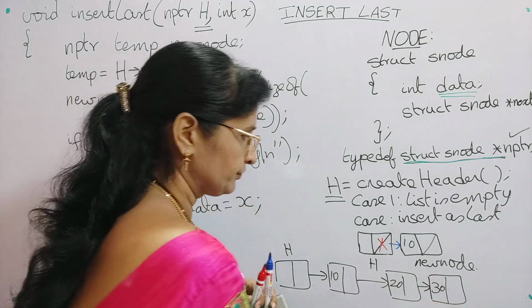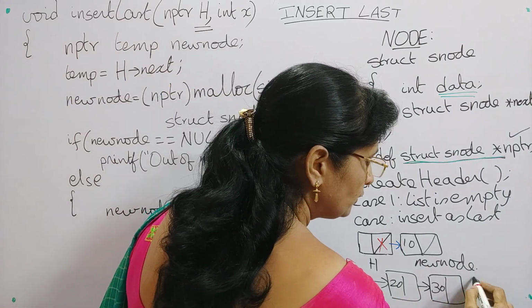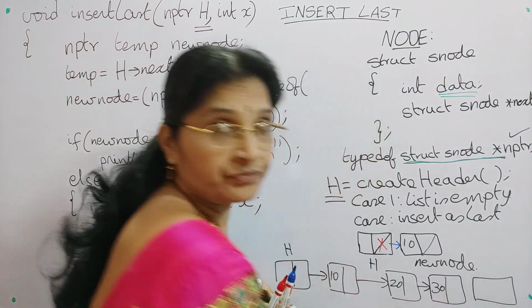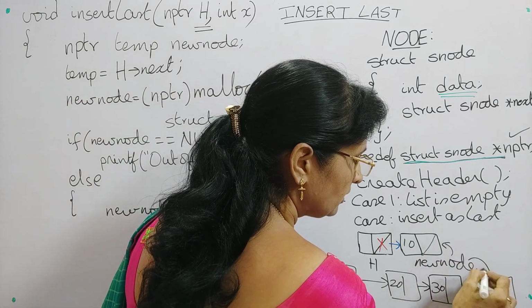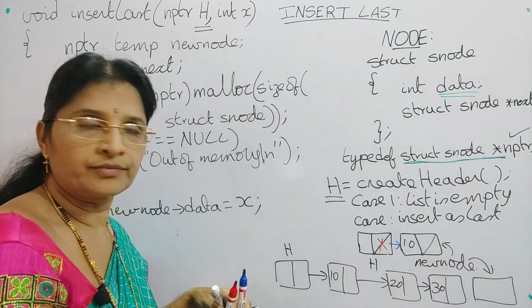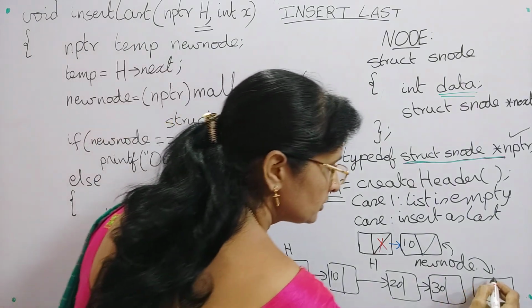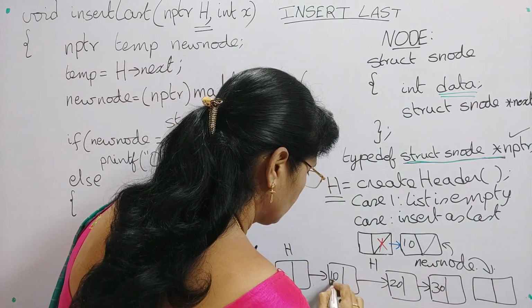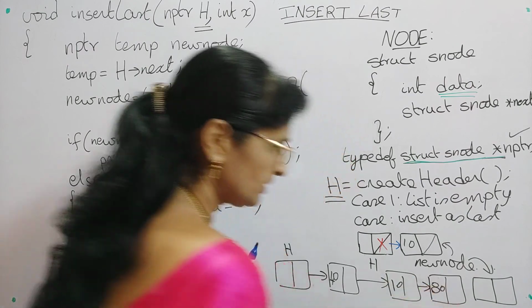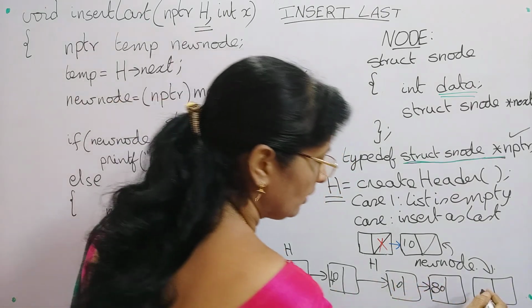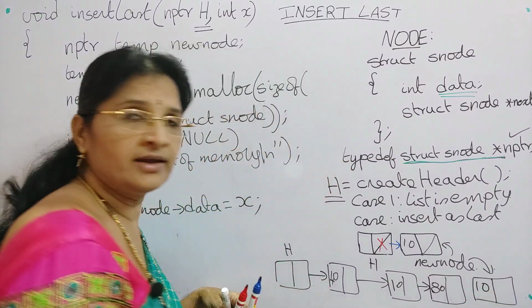Now you want to insert the new node here. This is the new node. For example, I am giving the values not in order. Now for example this 10 value must be assigned here.